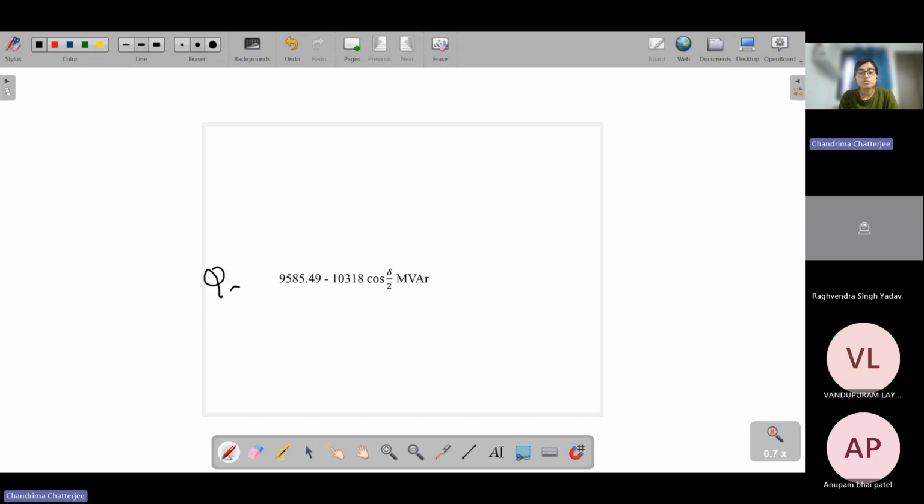Now what we need to do is just put the extreme conditions of delta. At no load, what is delta? At no load, delta is 0 degree. And what is the maximum delta here? The maximum, max.